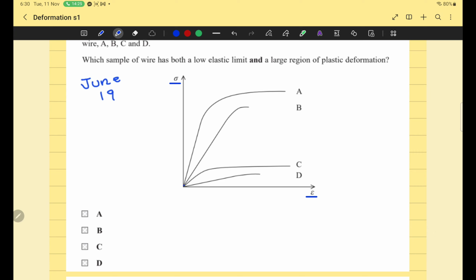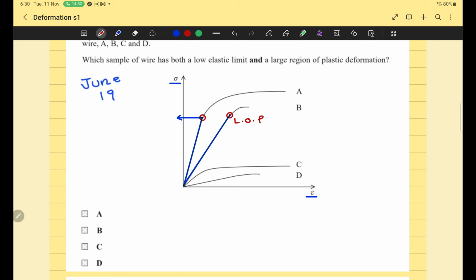So the graph between stress and strain is a straight line, but this straight line remains a straight line up to the limit of proportionality, the point up to which the graph remains a straight line.